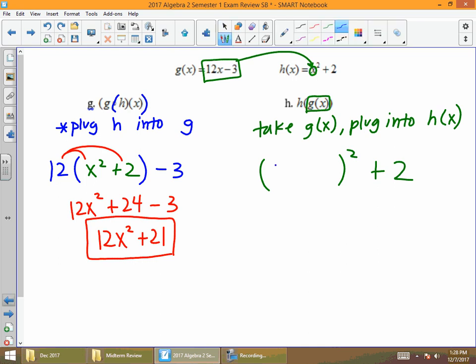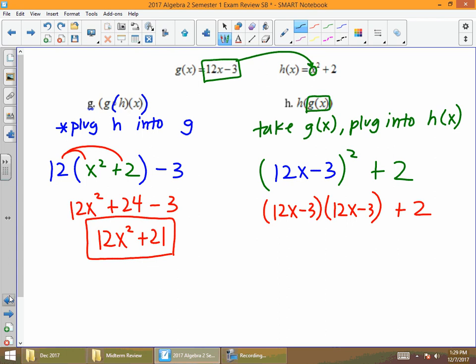So in the parentheses, we should have 12x minus 3. Just to be really careful about how you multiply this out, you're not just going to take and square the 12x and the 3. When you have a set of parentheses squared, it means take and rewrite it twice. That's what it means to square something, is multiply it by itself twice. And we still have that plus 2 at the end.